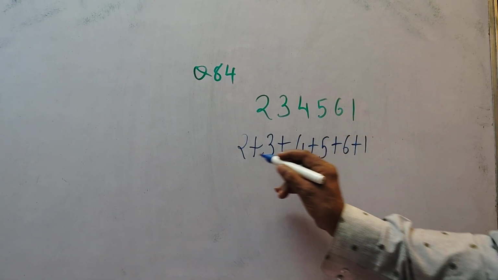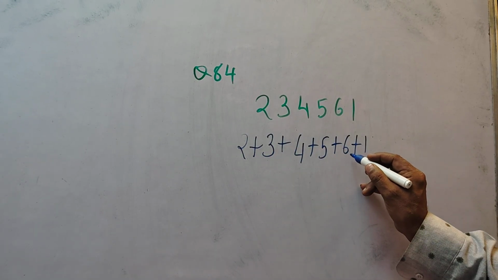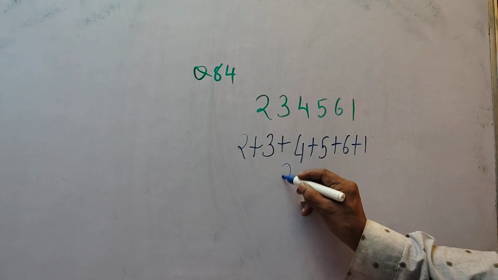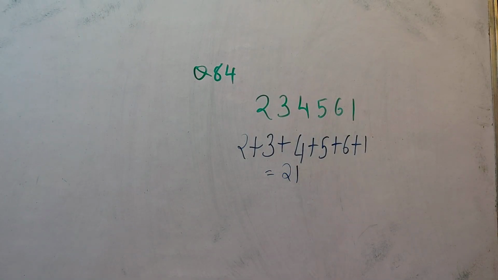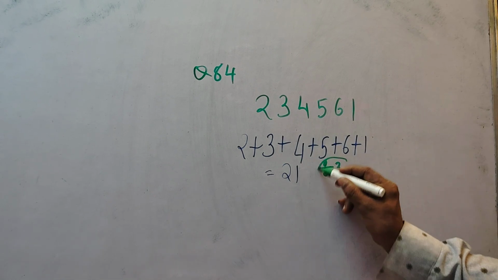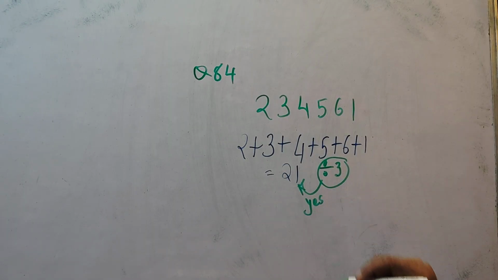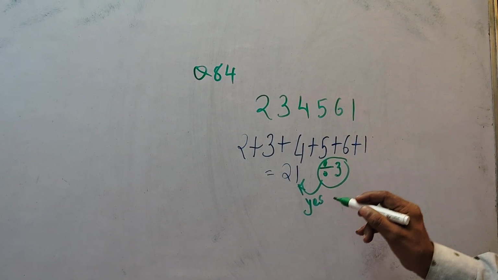There is a 6 digit number. 2 plus 3 is 5, plus 4 is 9, plus 5 is 14, plus 6 is 20, plus 1 is 21. The sum of the digits is 21. 21 is divisible by 3. So then would the number itself also be divisible by 9?